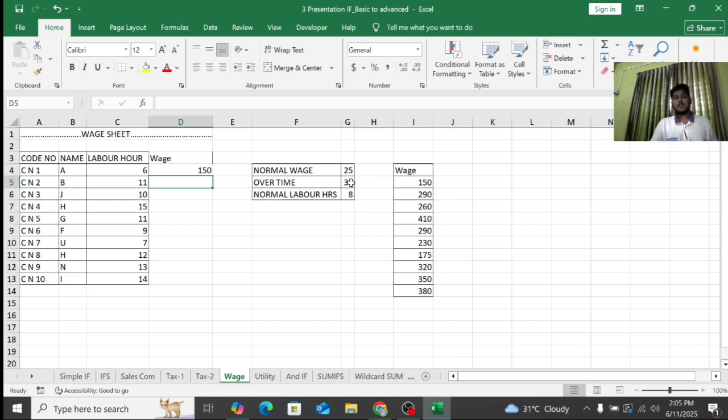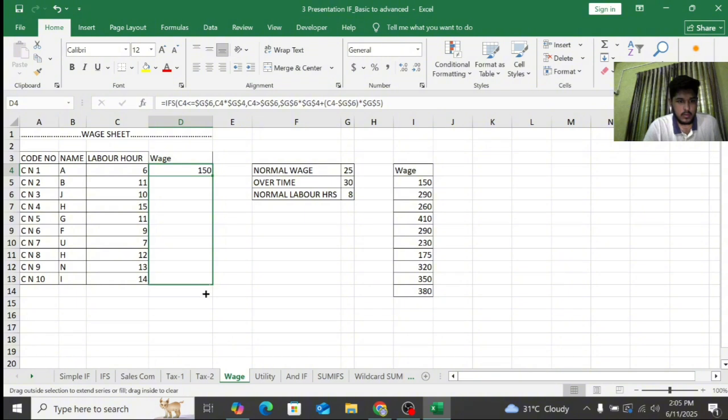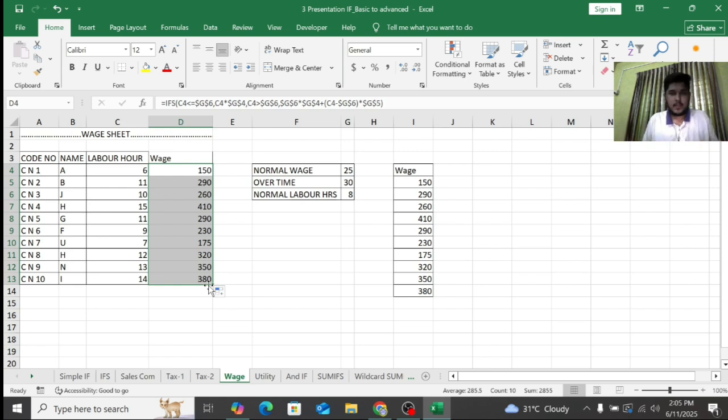Now we get our wage, and if we drag down the cursor, we get our wage. It's that simple.